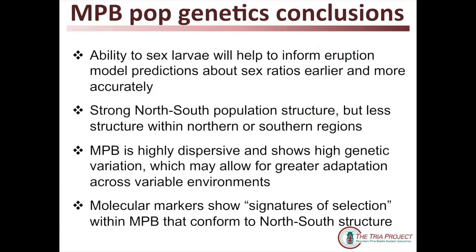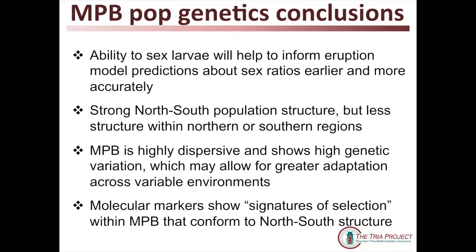And with that, I want to point out some basic conclusions, or applications if you wish, of the mountain pine beetle population genetics, or genomics, which is genetics writ large, that we can do.